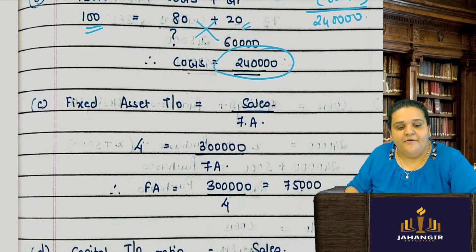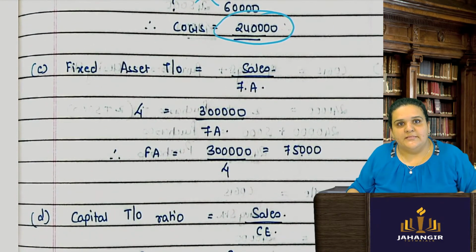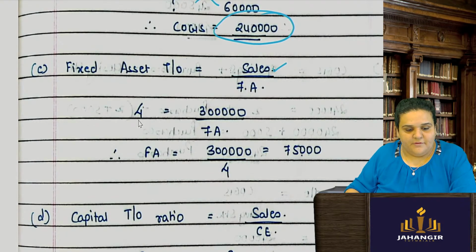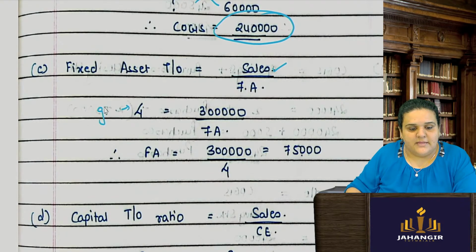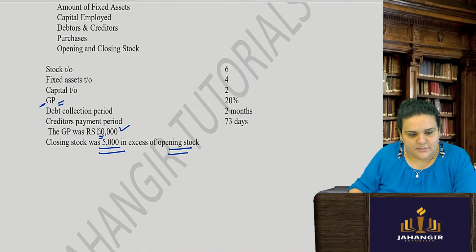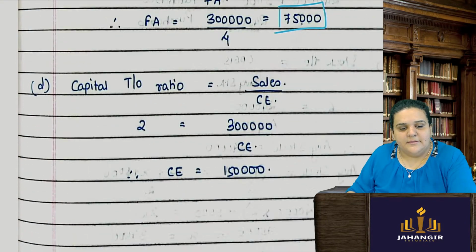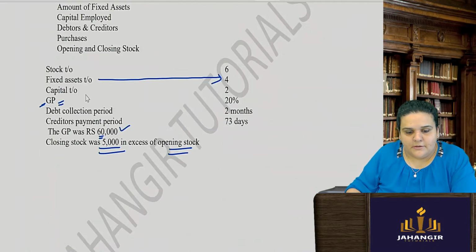Fixed asset turnover ratio: I have got my sales, and they have given me this fixed asset turnover ratio of 4. I am moving to the next ratio. Okay, this one, 4. I have my sales, I will get my fixed assets. Fixed assets is 75,000. Similarly, they have given me my capital turnover ratio.